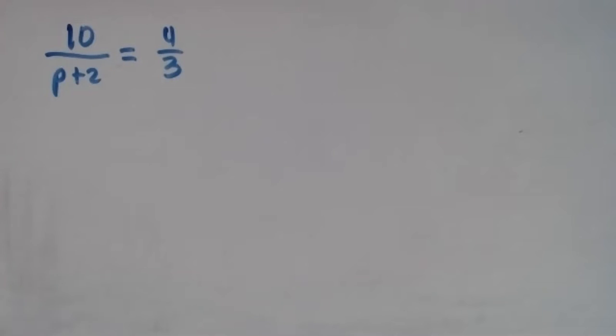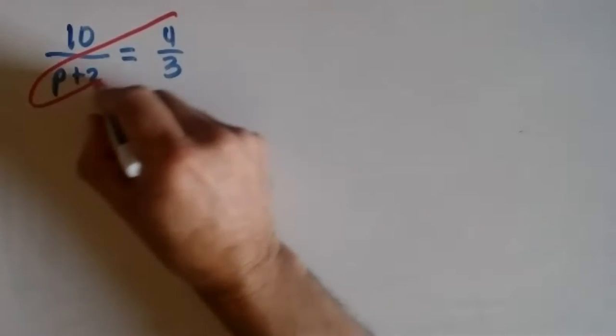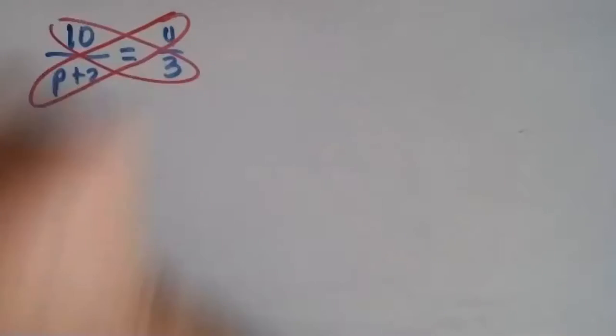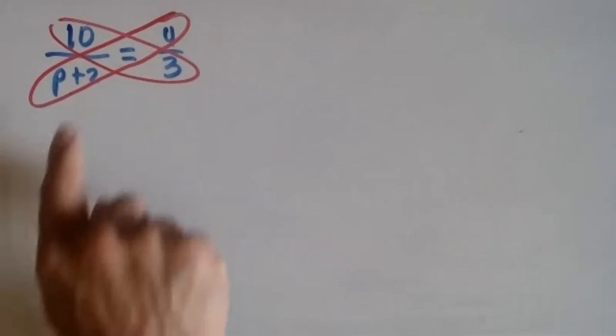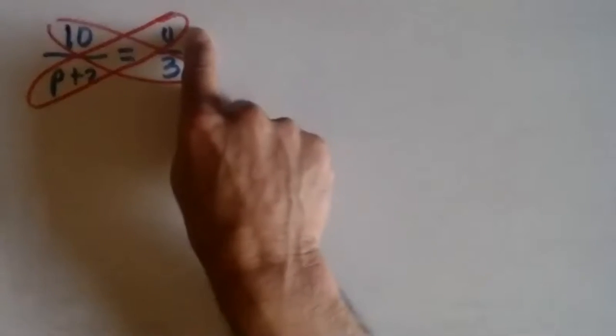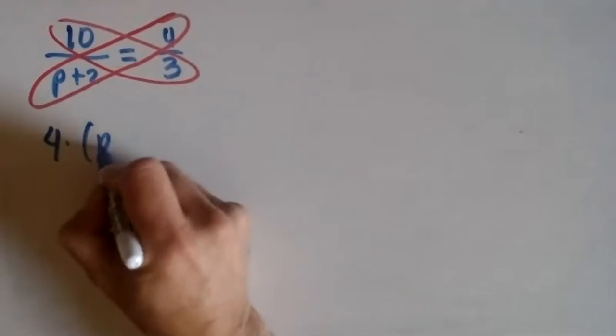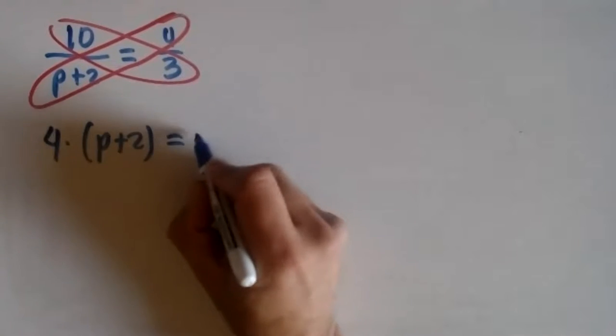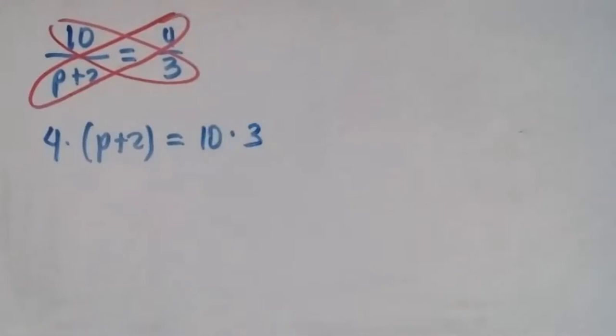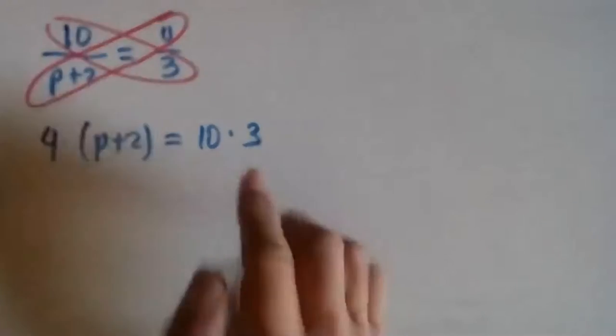So again, you break these fractions multiplying the diagonals in this way. So you multiply p plus 2 times 4, and you make it equal to 10 times 3. So 4 times p plus 2 equals 10 times 3. 10 times 3 is 30.